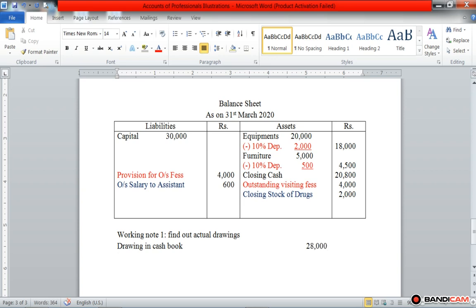Add 50% of the conveyance expense used for personal or domestic purpose. So 50% is 1500. Now make the total, that is 29,500.